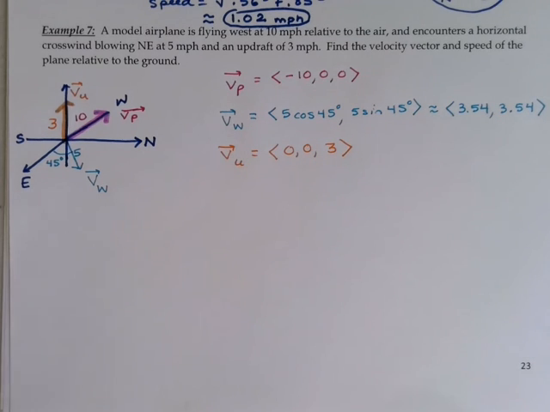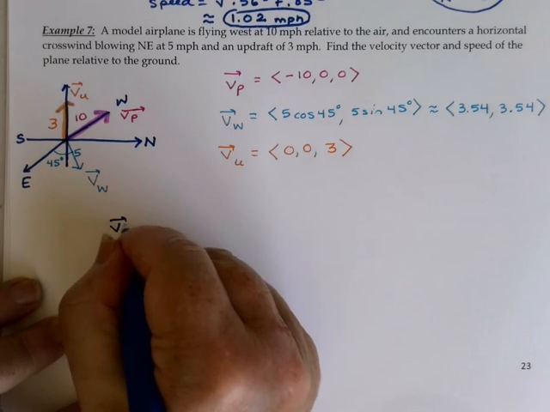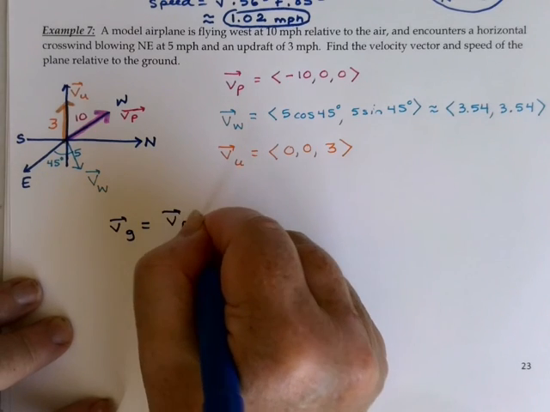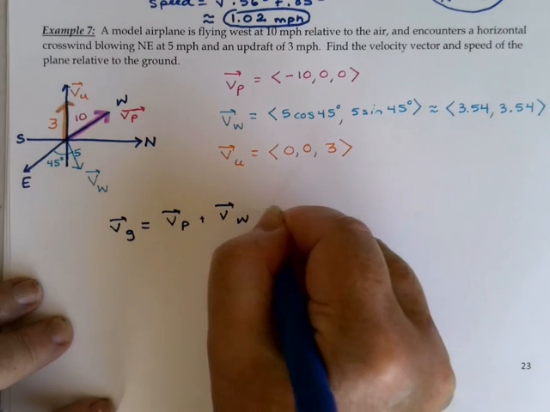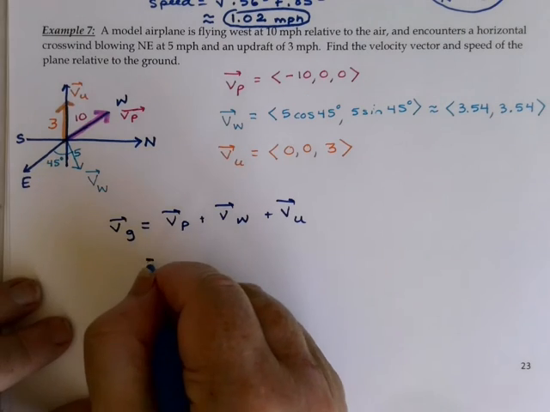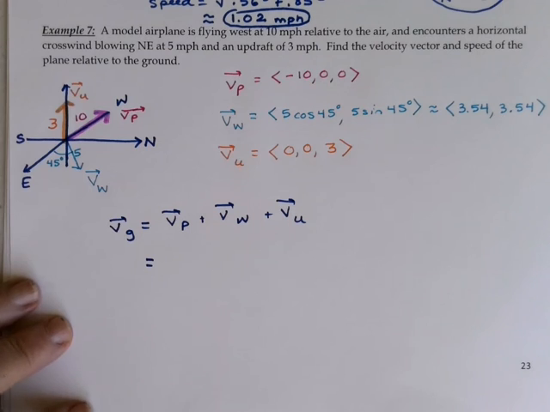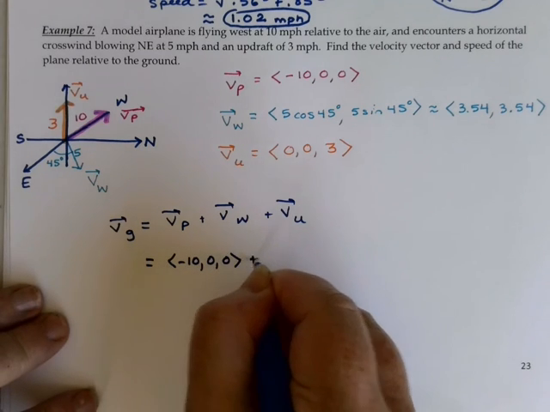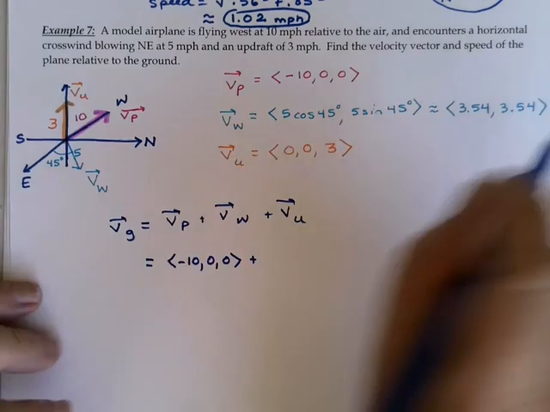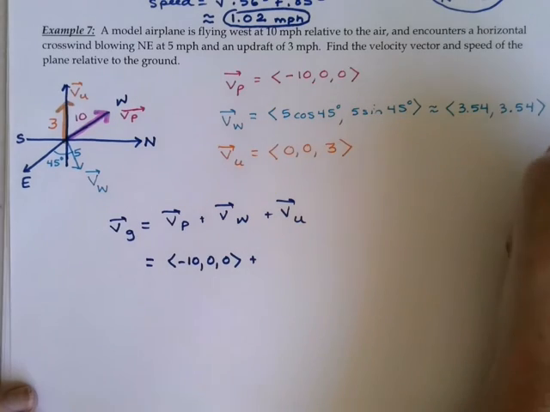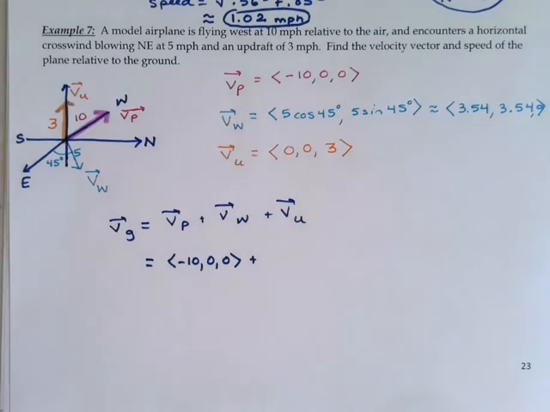So VG is what we were trying to find here. And that's just going to be the sum of all 3 of these contributing vectors. So let's see if I add them up. Oops, and you know what? I forgot to put the 0 on this one. This was in the xy plane, so I had my x and my y, but the z value would have been 0.